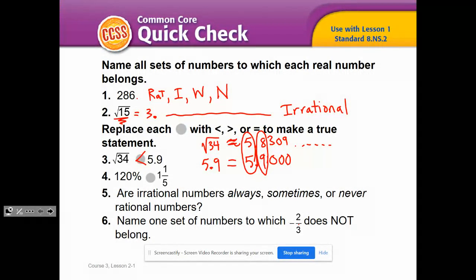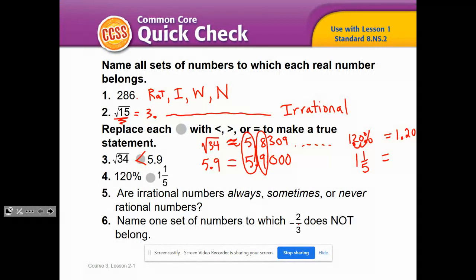Now this next one, we're going to line them up vertically: 120% and 1 1/5. We're going to find out what they're equal to. Percent to decimal: two places over, because it's divided by 100. That's 2 powers of 10, so it moves the decimal over 2 places. So that's 1.20.